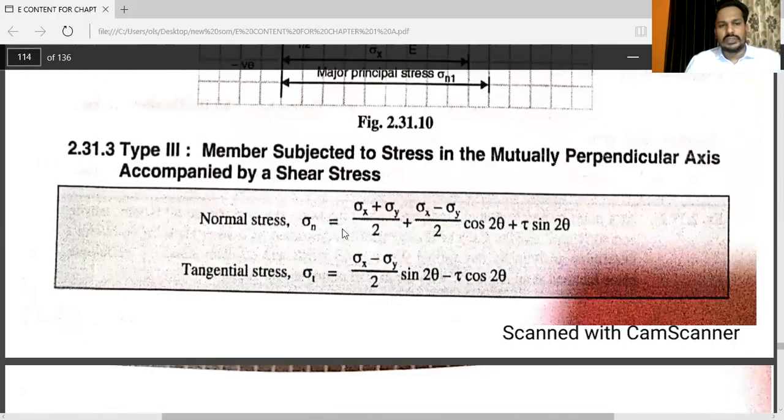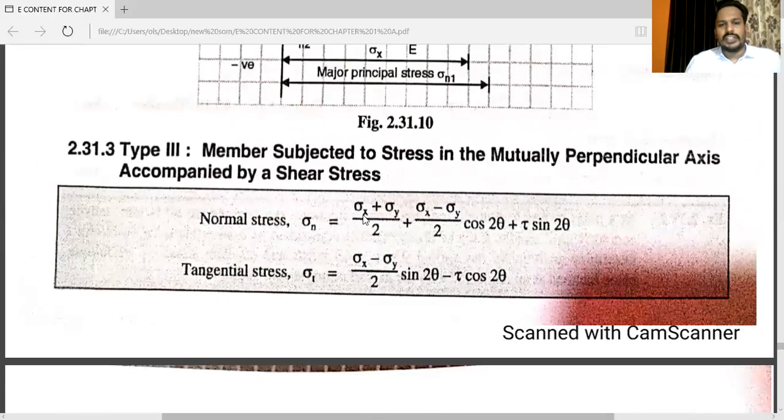See, for the normal stress, the formula is sigma x plus sigma y by 2, plus sigma x minus sigma y by 2 cos 2 theta, plus tau sine 2 theta. And for tangential stress, sigma t is equal to sigma x minus sigma y by 2 into sine 2 theta, minus tau cos 2 theta.